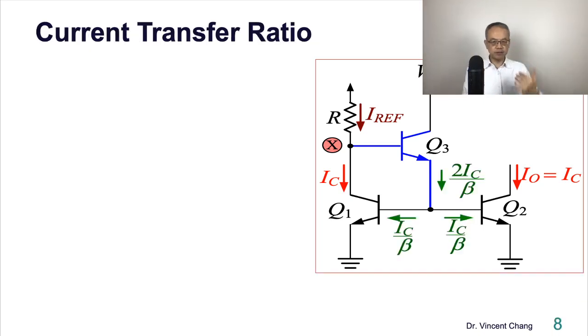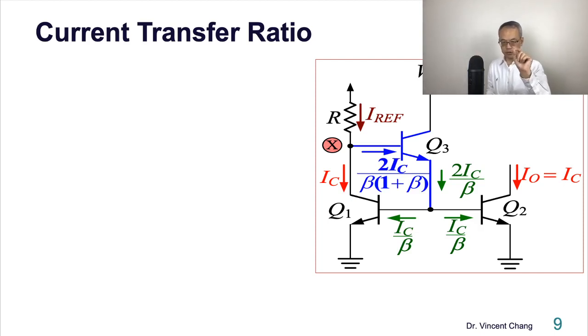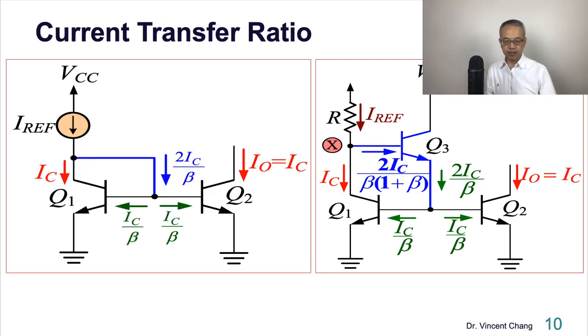The reference current, this is what I just said, 2 IC over beta, and then from emitter to base, it has to be divided by another 1 plus beta. Take the node, pay attention to node X. Based on node X, you will find the relationship between IO and I reference. But at this point, you probably already figured out the answer.